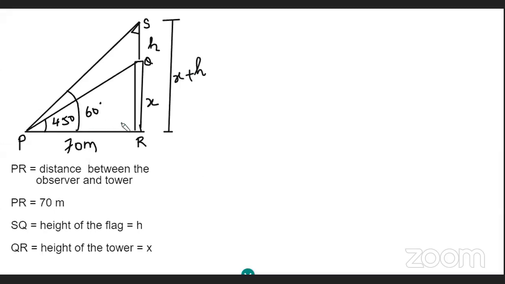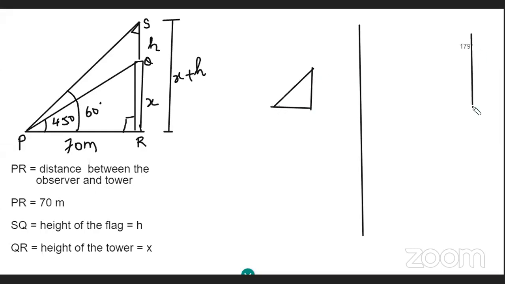In this particular figure, I can see two triangles. I'm going to draw both the triangles separately and I'm going to work on that. The first triangle that I can see is the smaller one, which is the angle 45. And then the bigger one, which is the angle 60.